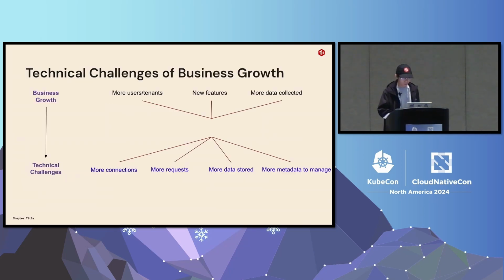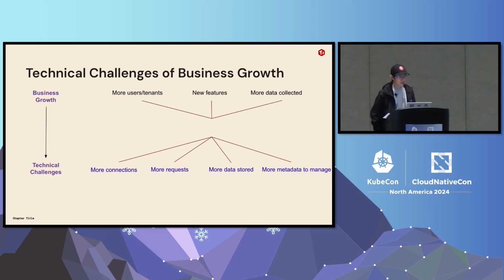So let's move to the first step. First part, business growth is a great thing for companies. We have more users, more tenants, and we deliver new features for our new users and existing users. And definitely there is more data collected from your users.